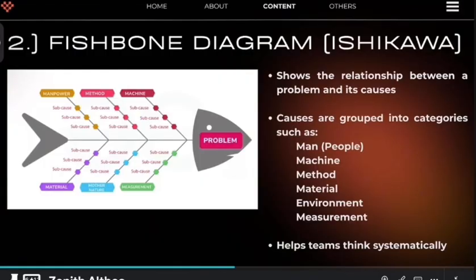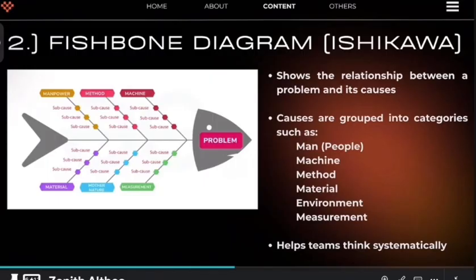Under machine, the machine may be worn out or uncalibrated. Under method, the process may not be standardized. Under material, raw materials may be low quality. And under environment, the temperature or humidity affects the production. By organizing the causes this way, it becomes easier to see which area is really causing the problem.